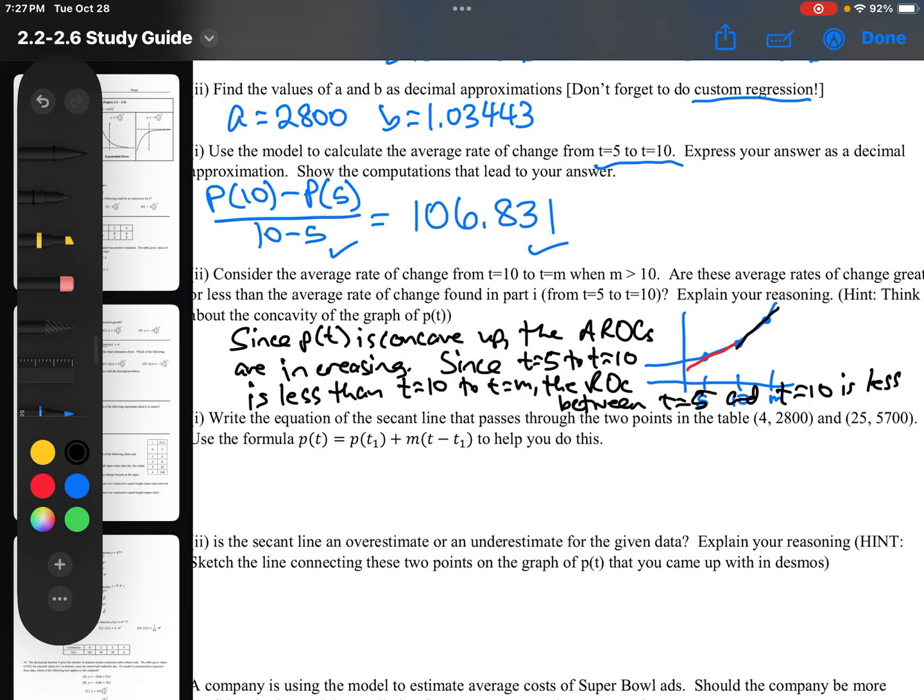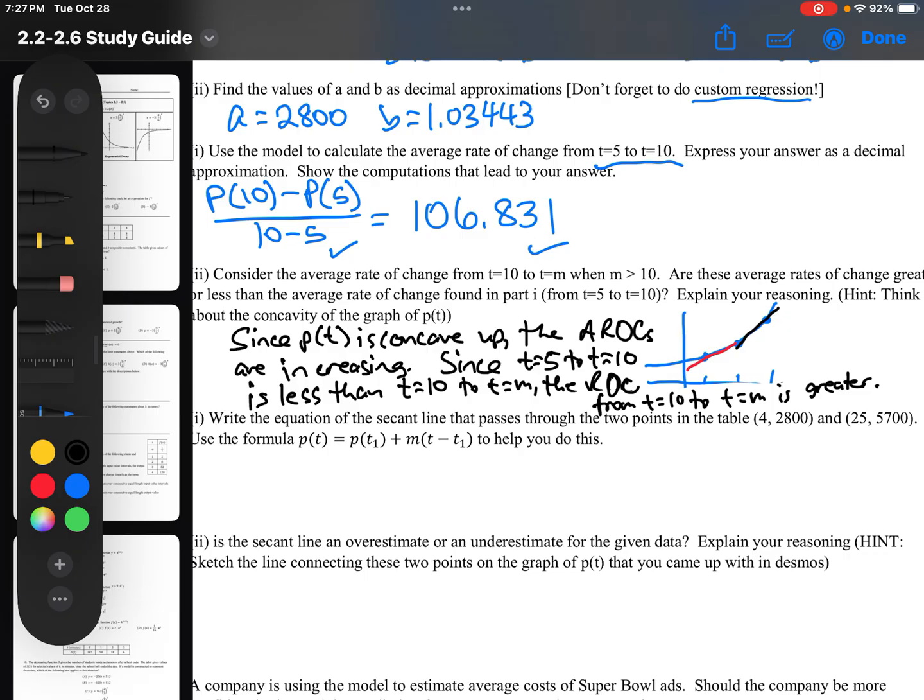Or actually, I'm saying that backwards. So we want to talk about the rate of change from t equals 10 to t equals m is greater. Okay.